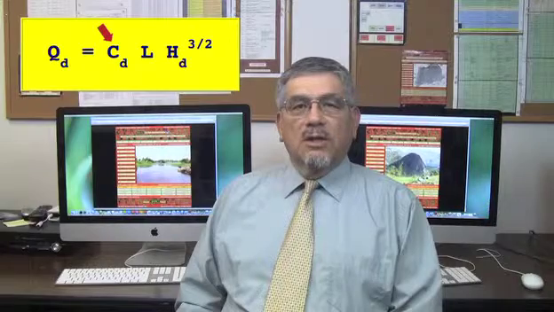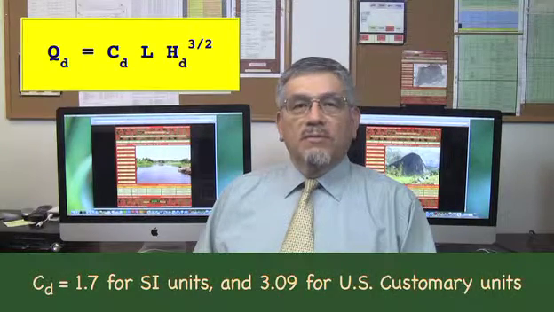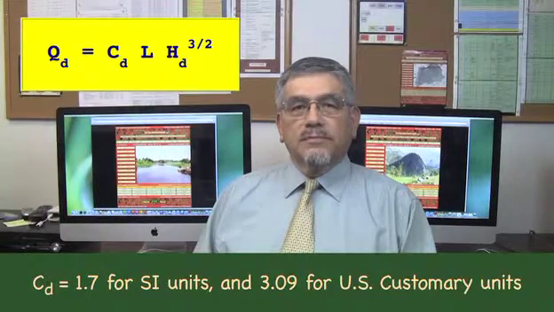Theoretical values of C sub D, assuming critical flow in the vicinity of the weir crest, are 1.7 for SI units and 3.09 for US customary units. Actual values vary with the shape of the weir crest and the roughness of the boundary, and they are typically less than the theoretical value. Values varying between 80 to 85% of the theoretical value are in common use.